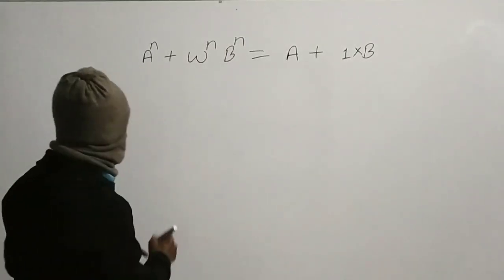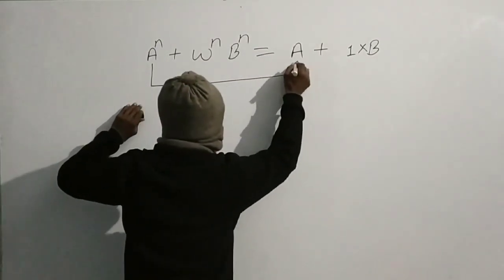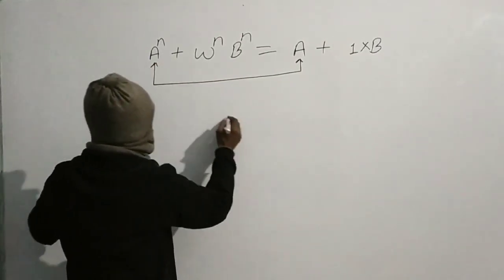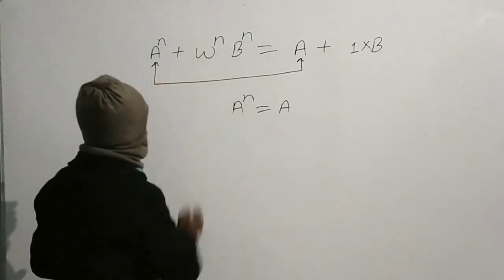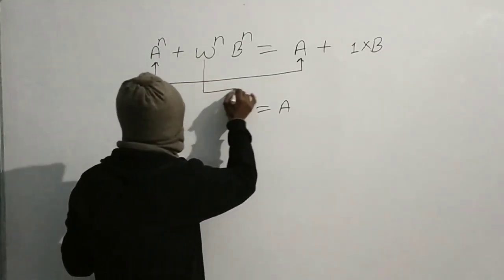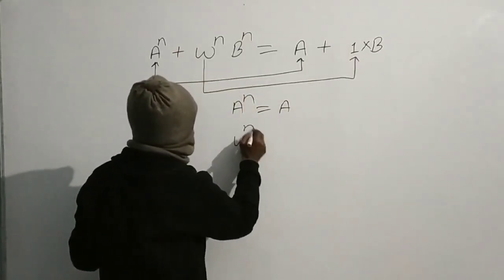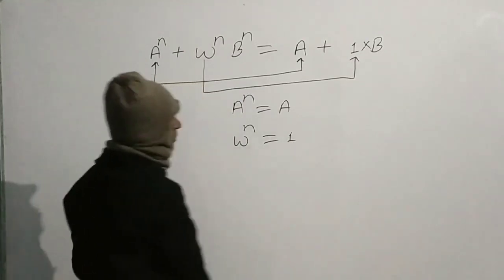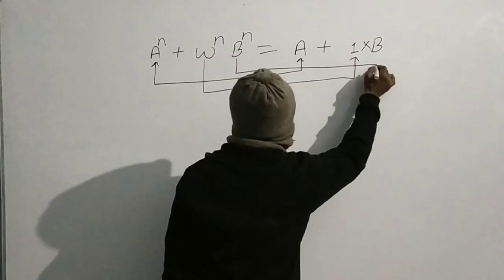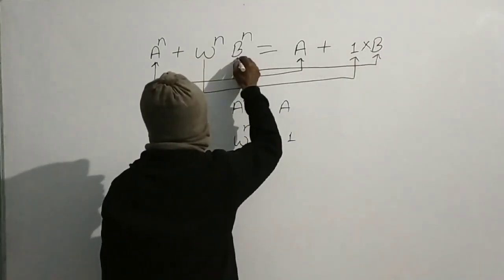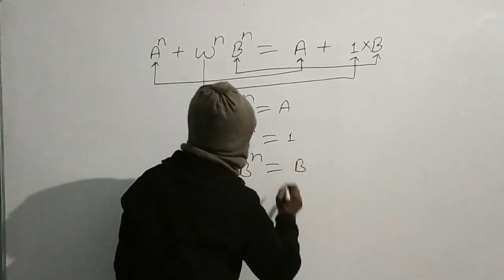This equation will be satisfied if a to the power n becomes equal to a, omega to the power n becomes equal to 1, and b to the power n becomes equal to b.